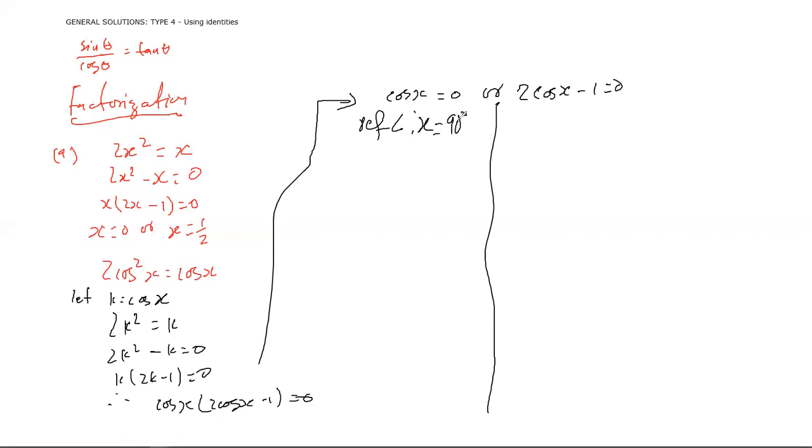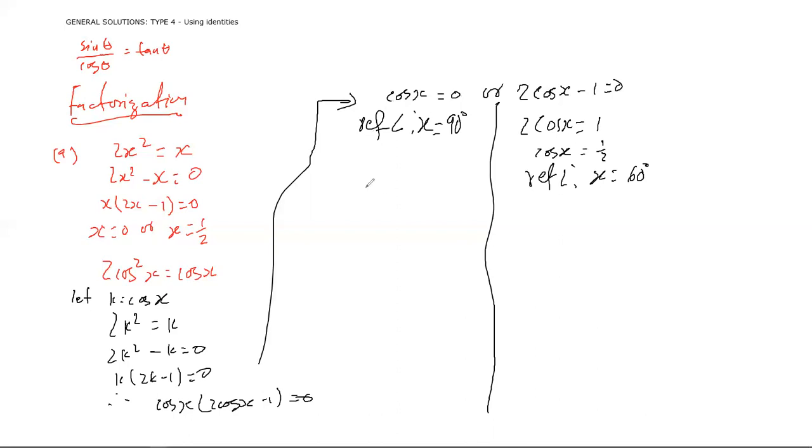Remember, we spoke about boundary angles in a video on that. Then for 2 cos x equals 1, cos x is 1 over 2, and your reference angle is 60 degrees, special angles again. Then you just go for the usual routine.